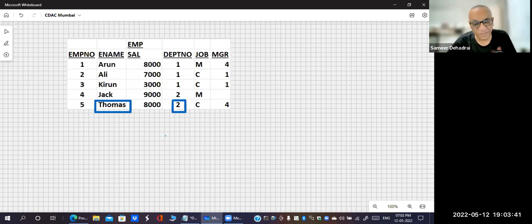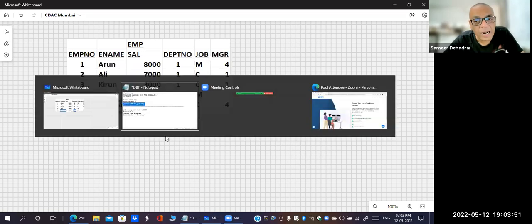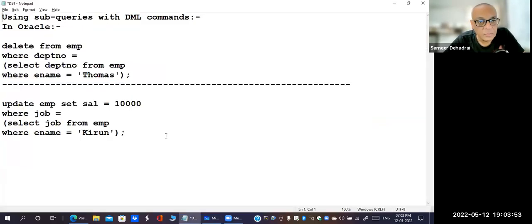Oracle will allow. MySQL does not allow. It creates a problem in read and write consistency.